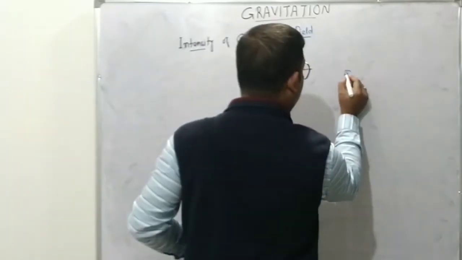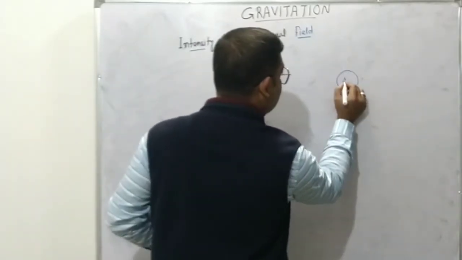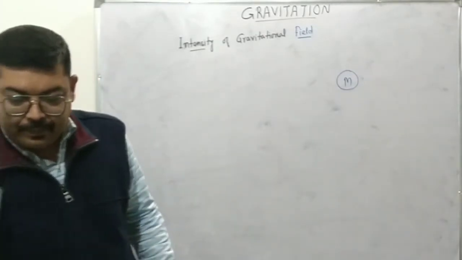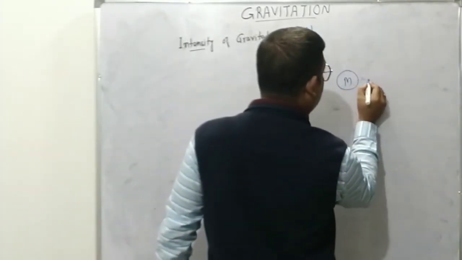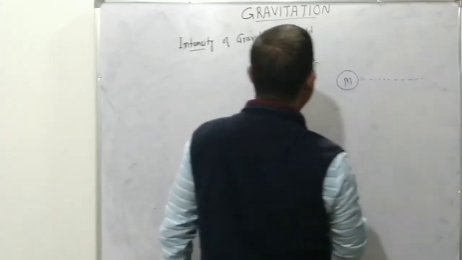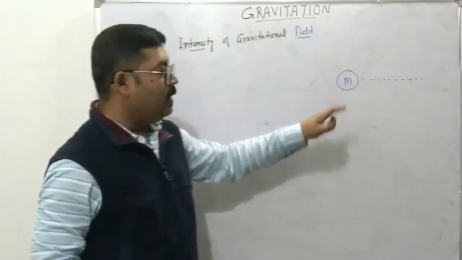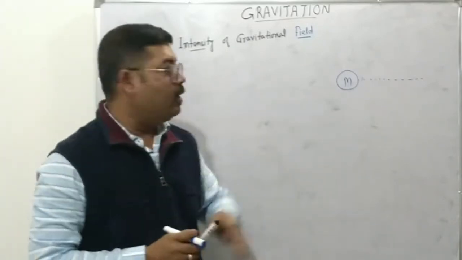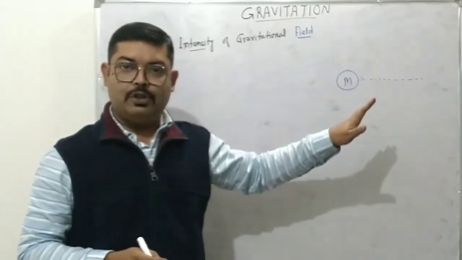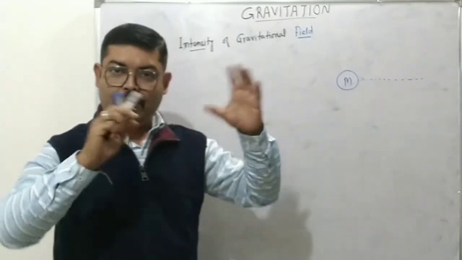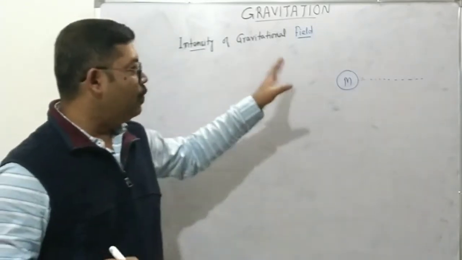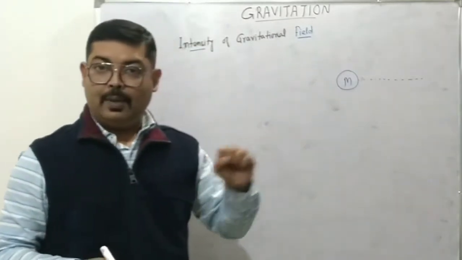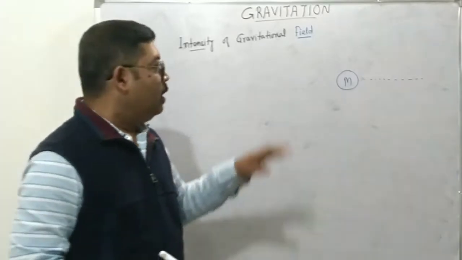So if I say we have a mass here, capital M, then as we move away from this mass, the distance will increase, and its influence or the force exerted by it will keep on decreasing in all directions, not only along the positive x, but in the three-dimensional space around it. Wherever we move away from the mass, the acceleration or the force will keep on decreasing, right?